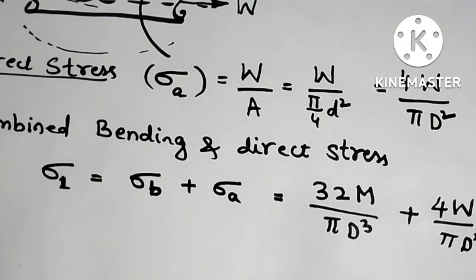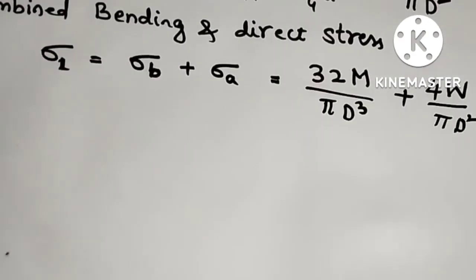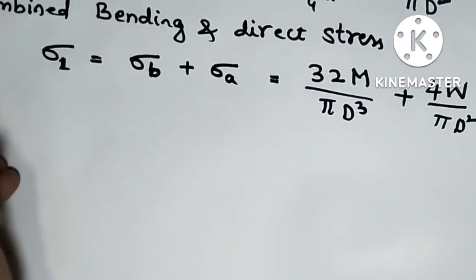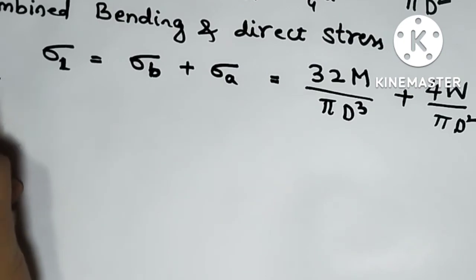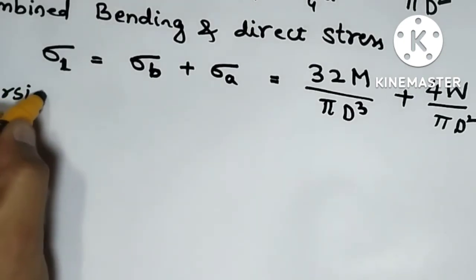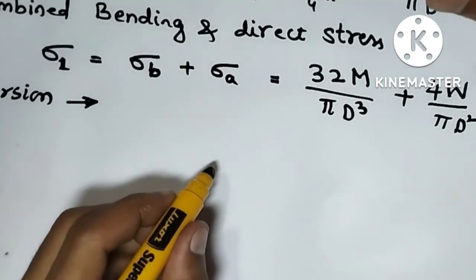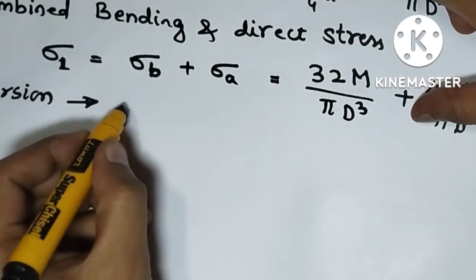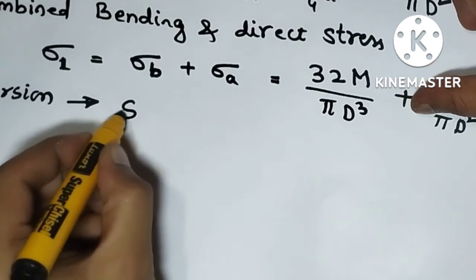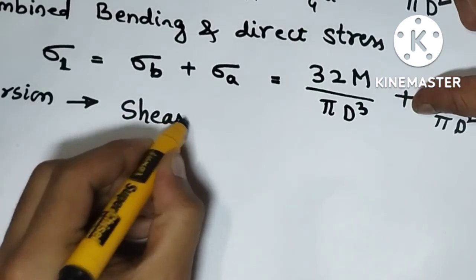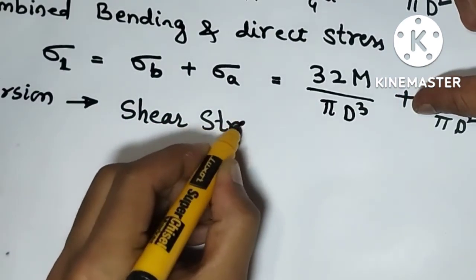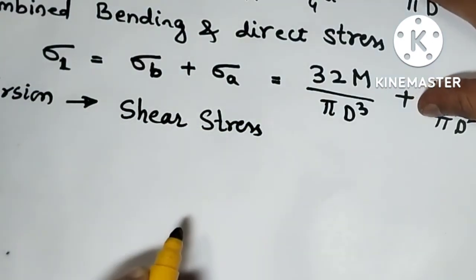Now again we will go to the torsion equation. When the shaft is subjected to torsional forces, which type of stress do we produce? We produce the shear stress due to the torsion.